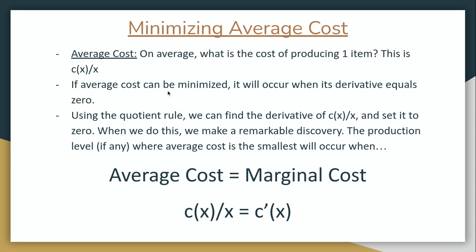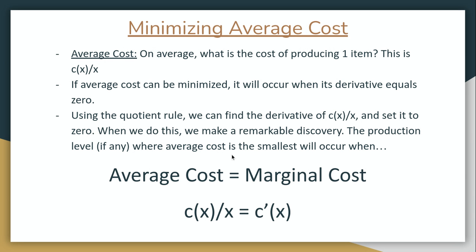If average cost can be minimized, it will occur when its derivative is 0. So it will occur when the derivative of this is 0. If we use the quotient rule, we can find its derivative and set it equal to 0. When we do this, we make a remarkable discovery.